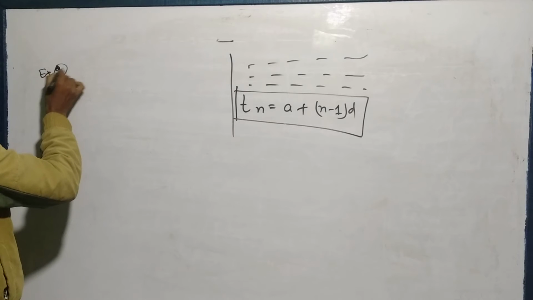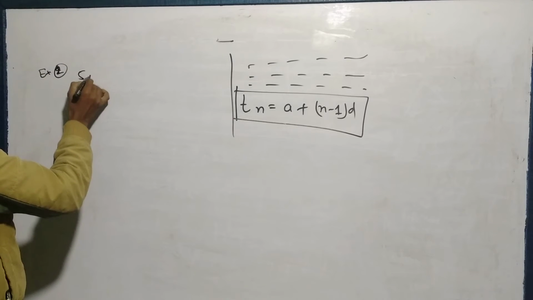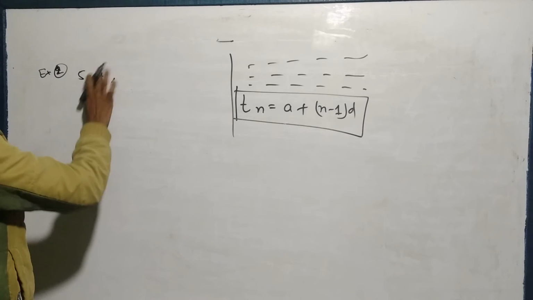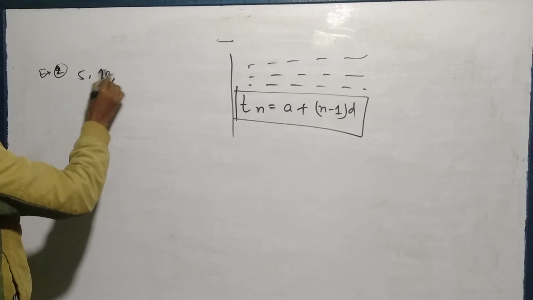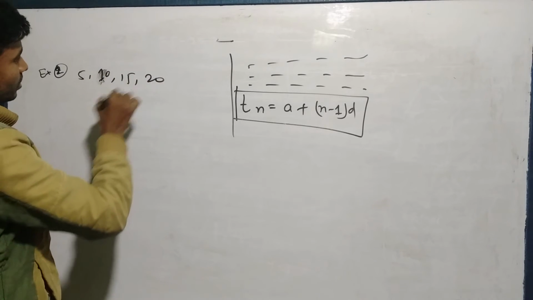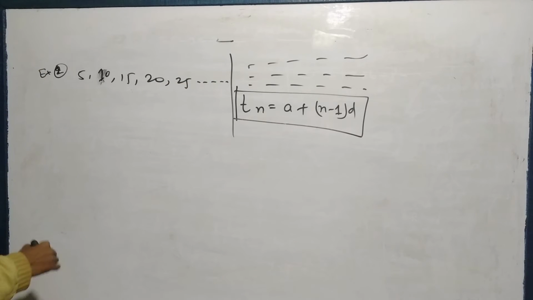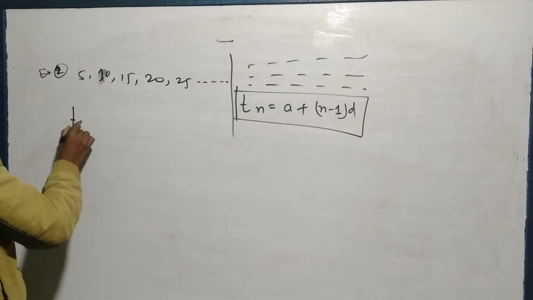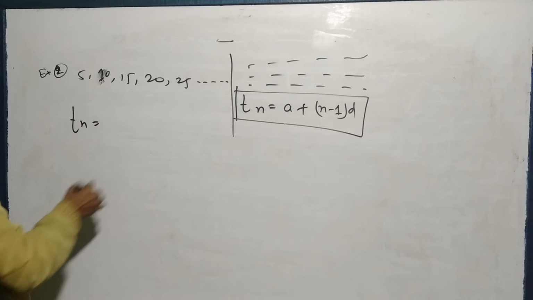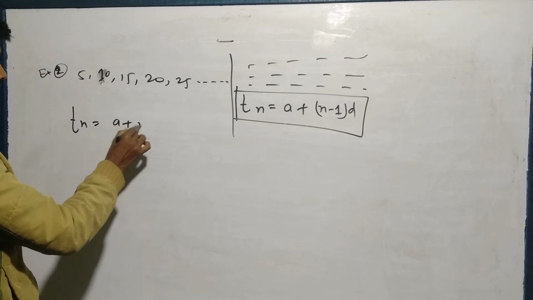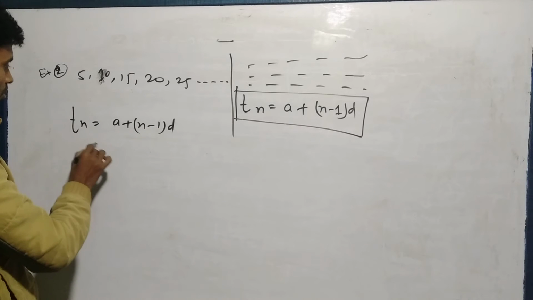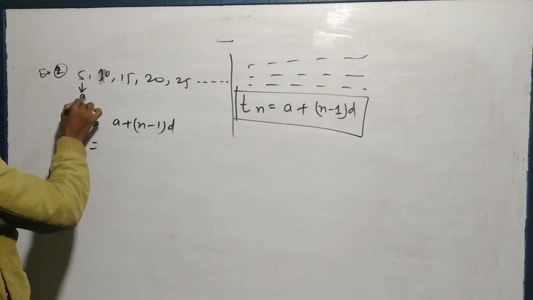Example number two: 5, 10, 15, 20 and 25, and so on. So students, how can you find the Tn of the given sequence? A plus (N minus 1) into D. So what is the value of A?